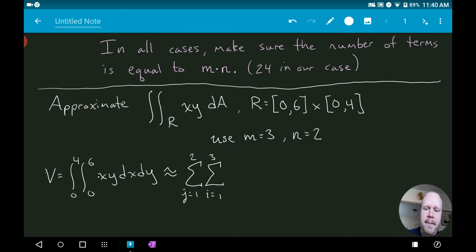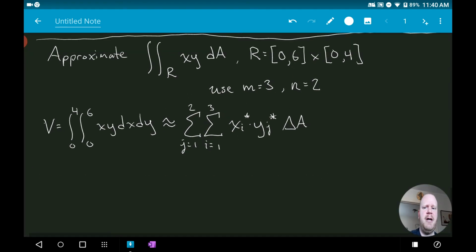We have our function here, so this is x_i star times y_j star. I would probably write, personally, I would just write x times y here, but technically this is what you should be doing. I certainly won't mark you off if you just write x times y. That's what you're going to be doing. And then times delta A.